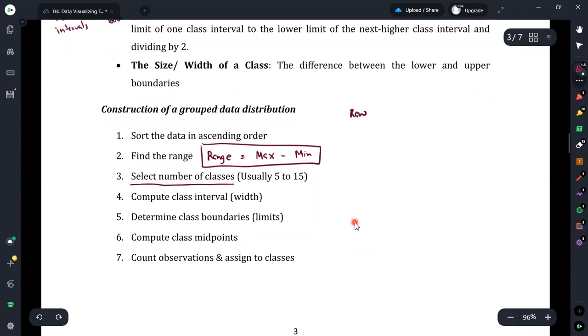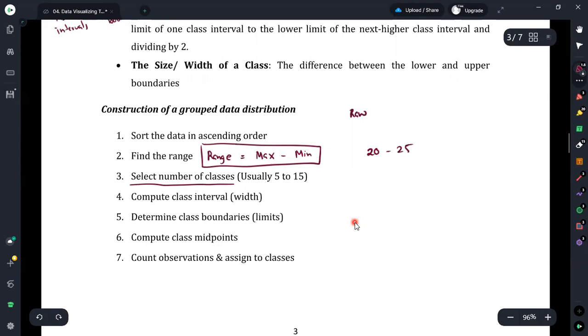Actually, this is an arbitrary value we take, but it is generally between 5 and 15. The number of classes is determined based on the range that we get. Suppose you have a small range, such as 20 to 25.